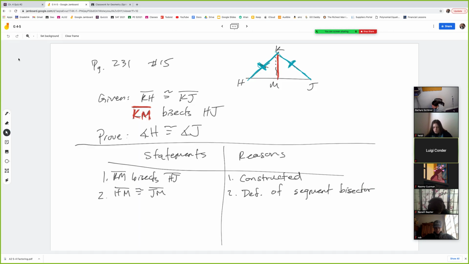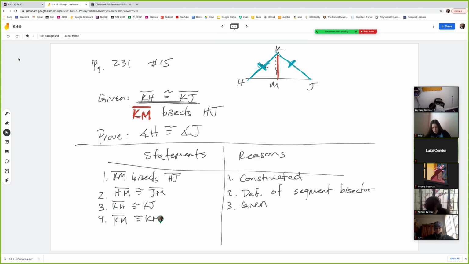3, KH is congruent to KJ, okay? And as we know, that was given to us right here. 4, KM is congruent to KM.